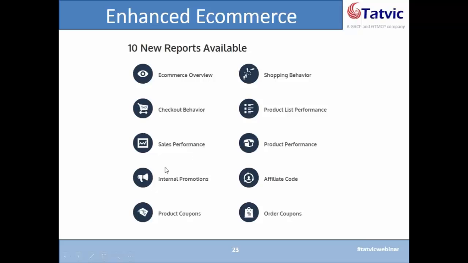And then some other reports are coupons reports or promotion reports. Essentially, these are 10 reports, broken down into 3 perspectives: how the shopping behavior is being communicated, how the performance of a product or sales has happened, and then coupons as well.